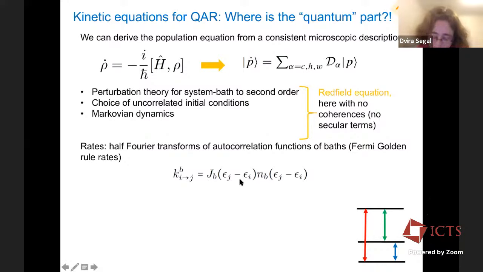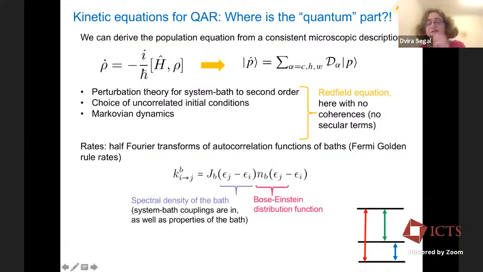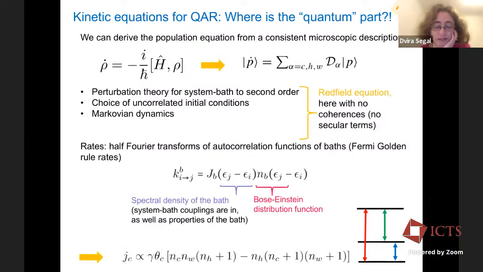And this again can be derived properly and written down. So that was the classical description of this quantum thermal machine, the simplest one. You can gain a lot just from doing a classical kinetic analysis.